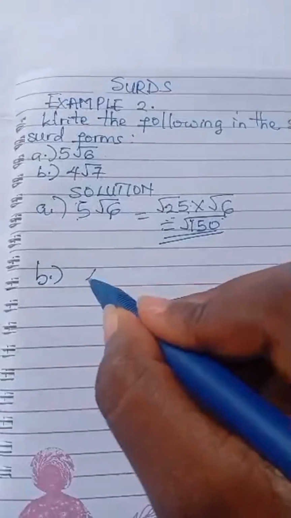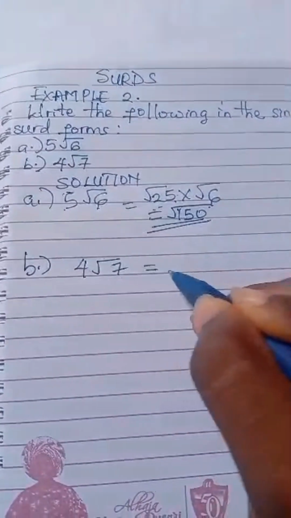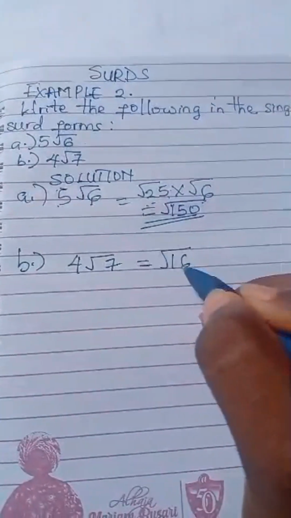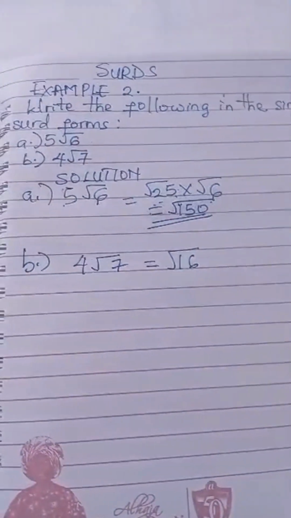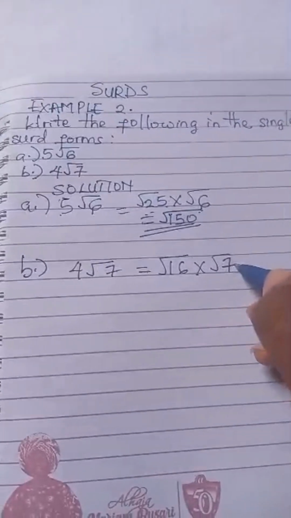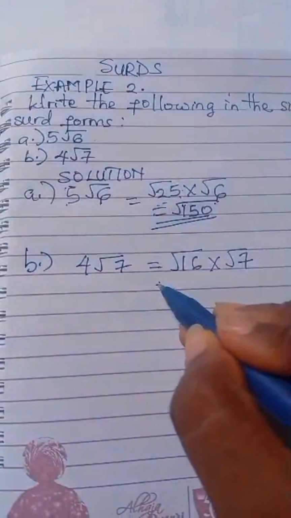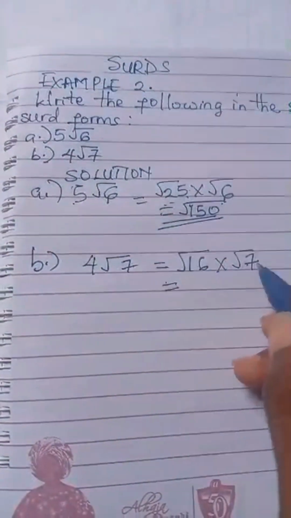They said 4 root 7. 4 can also be root 16. What is root 16? 4. So it's the same thing. Then write back your 7 that was there before. 16 by 7, sorry, not root 7.